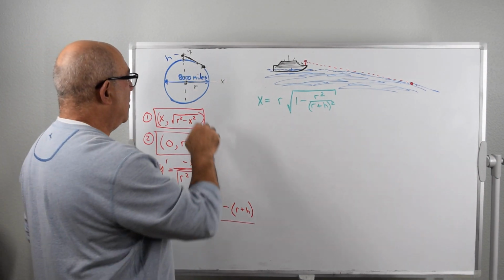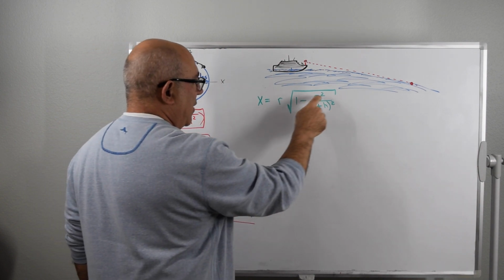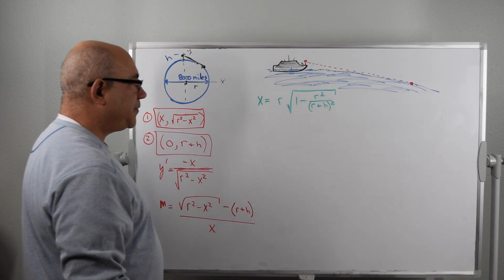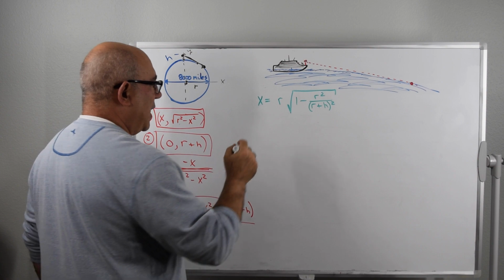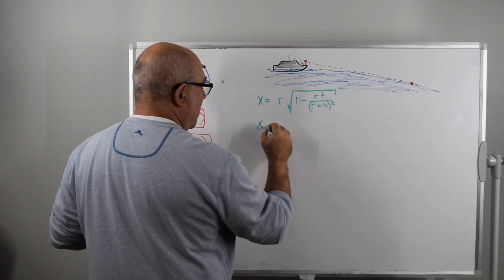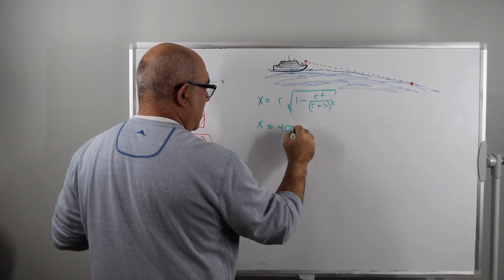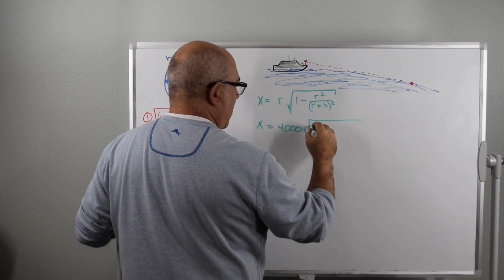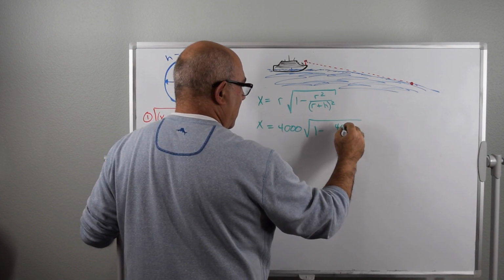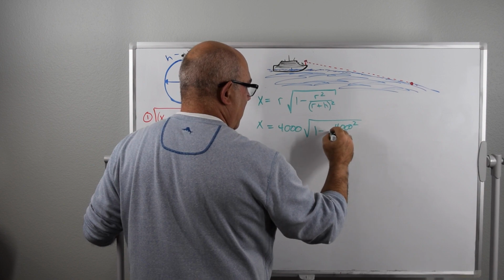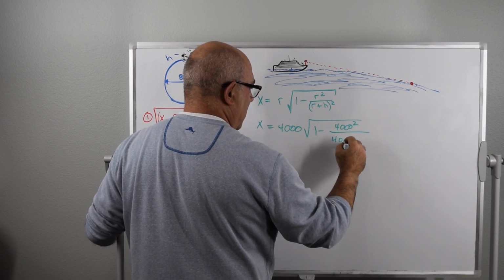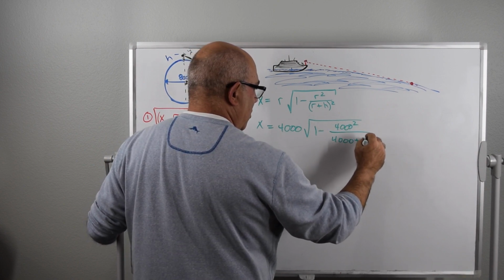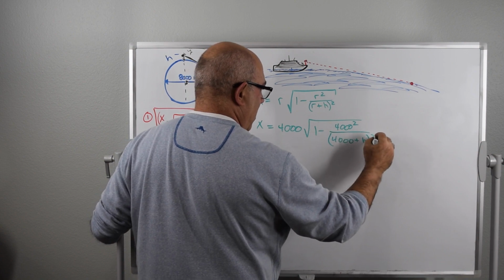So now what we have to do is substitute in the 4,000, and we have to figure out h. So let's do that first. We'll do x equals 4,000 times the square root of 1 minus 4,000 squared divided by 4,000 plus h squared.